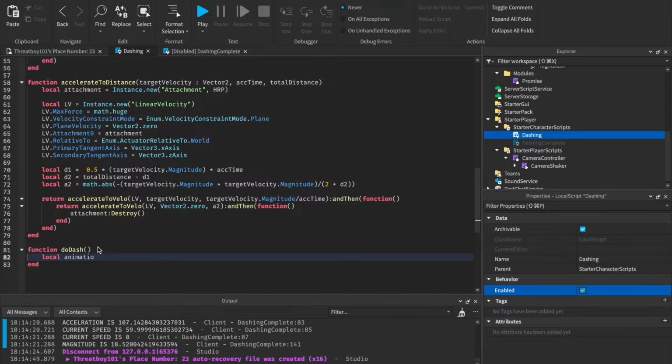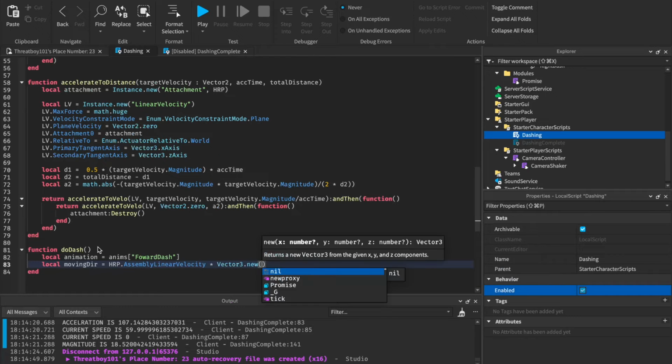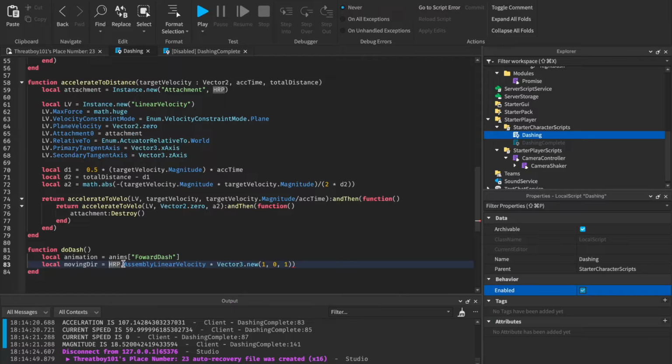So I'm going to get the forward animation for the forward dash. I'm going to set the moving direction to be, by default, the assembly linear velocity direction, but we only want the lateral direction, of course.